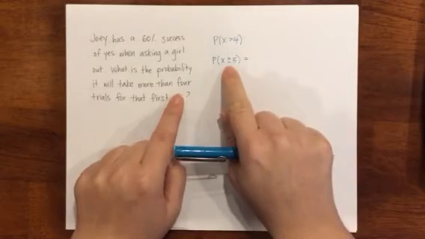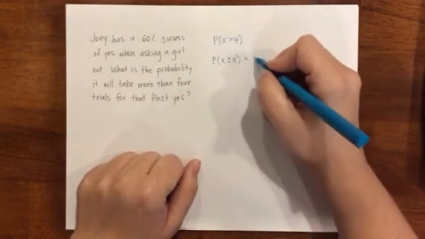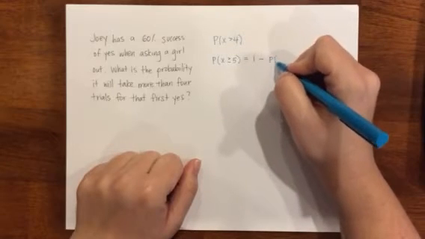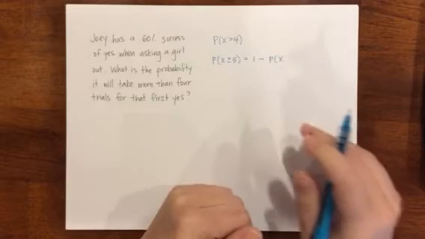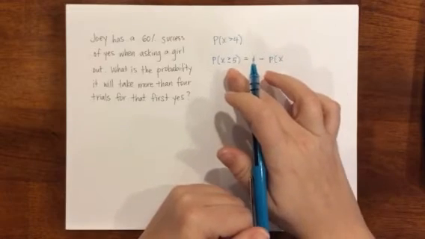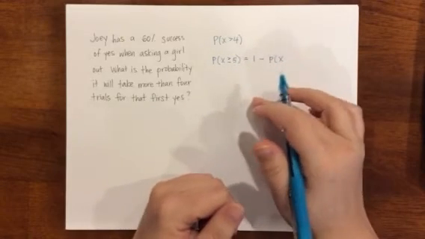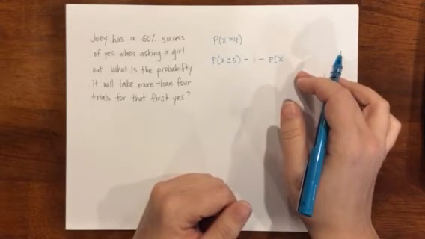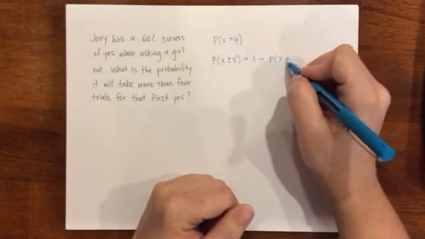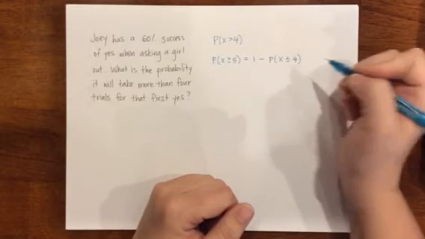Well, we can't do greater than problems, so we're going to convert that to 1 minus less than. Okay, let's think this through. Greater than or equal to 5 is 5, 6, 7, 8, 9, 10. So the opposite of that would be less than or equal to 4.